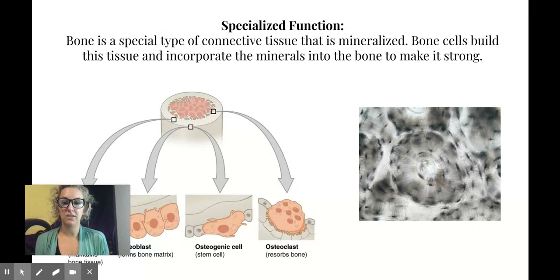These specialized cells are very, very different from lung cells or heart cells or epithelial cells, because their special function is to create a specialized form of connective tissue that can become mineralized. That makes the bone very, very strong. So again, in your notes, make sure to write next to bone your specialized function.